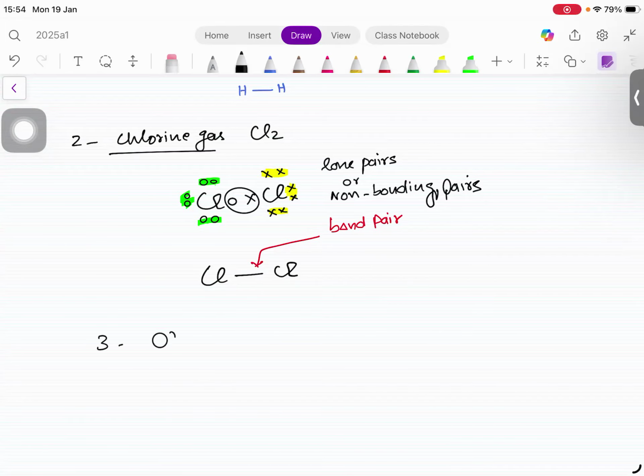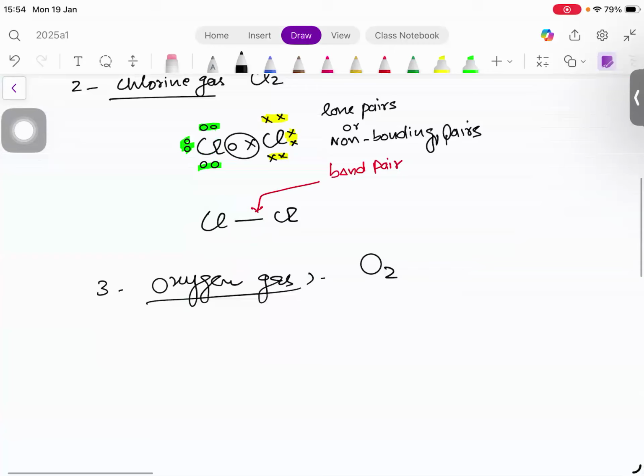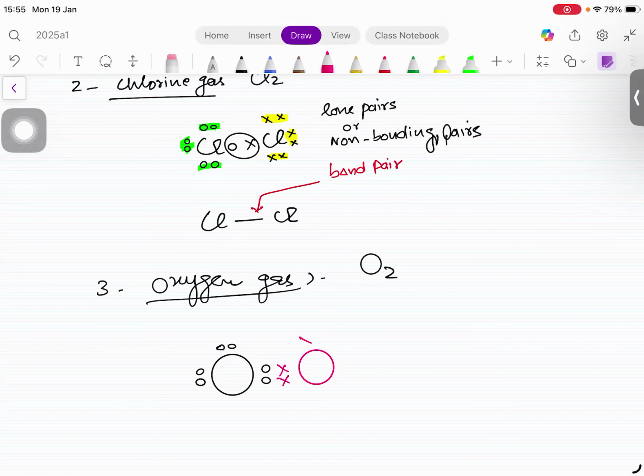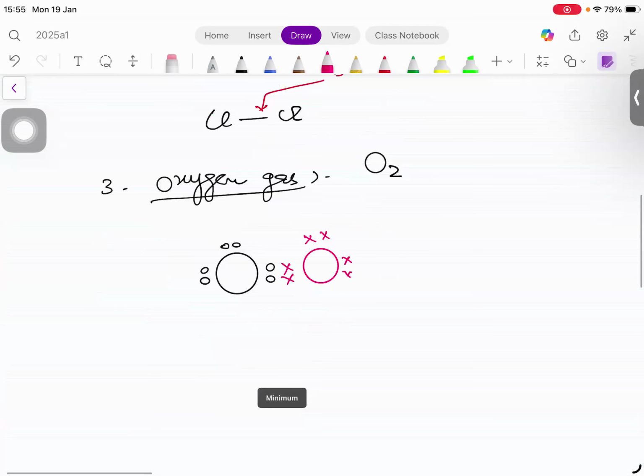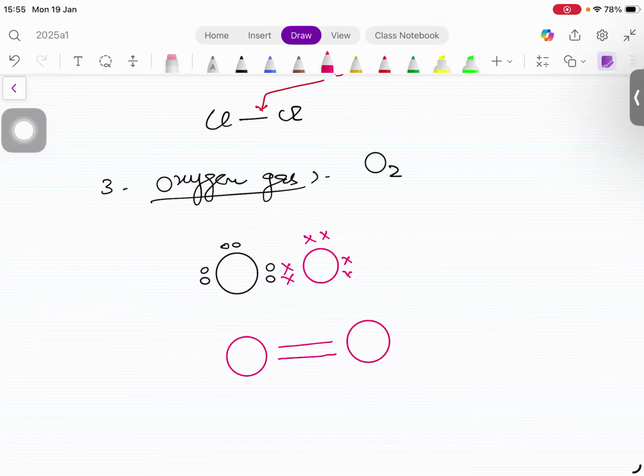Number 3 is oxygen gas, O2. I'm just going through it quickly, bacho. Oxygen has 1, 2, 3, 4, 5, 6 electrons, so it needs 2 more to complete its octet, or having 8 electrons in the valence shell. So they are going to combine with another oxygen like this. In this case, there are 2 covalent bonds formed between 2 oxygen atoms.